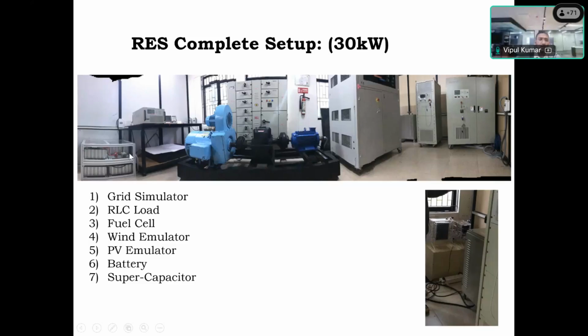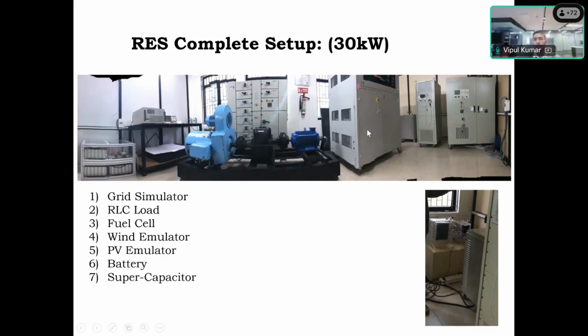On the left hand side we have the aluminum profile based acrylic box, that is the supercapacitor bank, and on top of the table we have the solar array simulator, and under the table that black color box is the battery bank, and on the right side of the motor test bench we have the control panel.